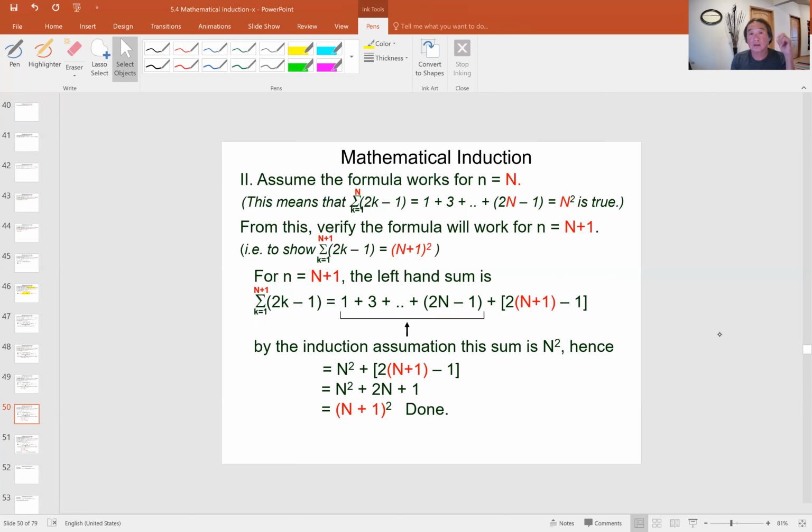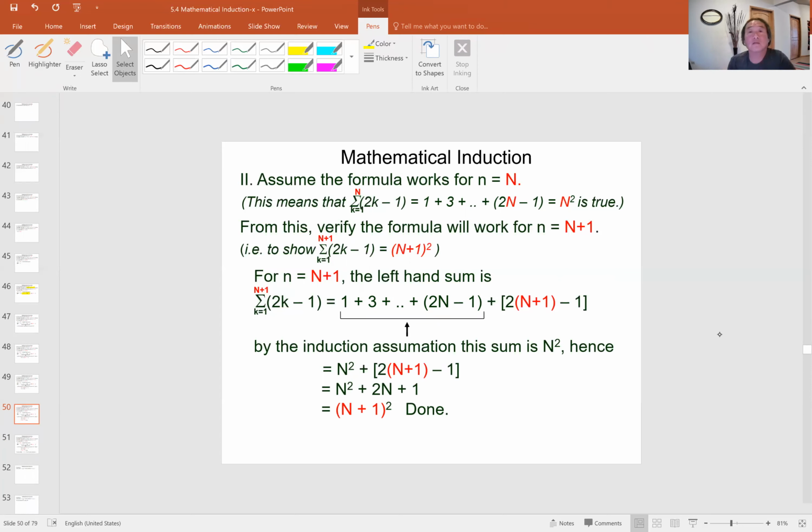So two parts: you first have to demonstrate that the first statement of the problem is true. Then you have to assume the pattern up to n. Then you have to write out a formula for n plus 1.